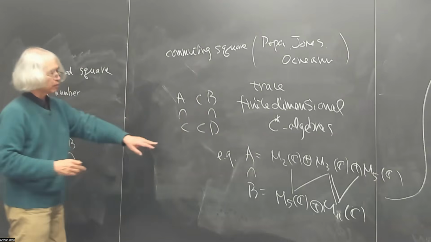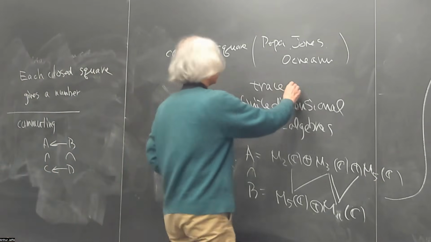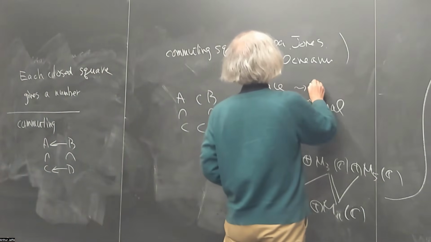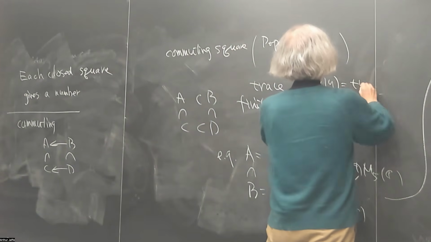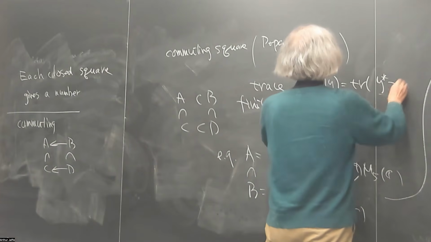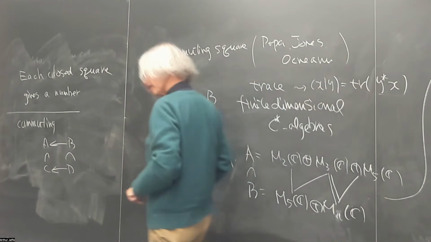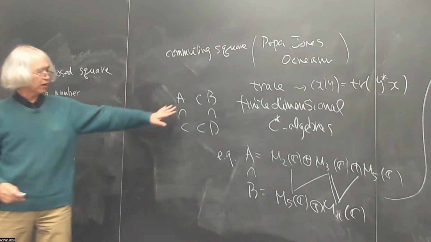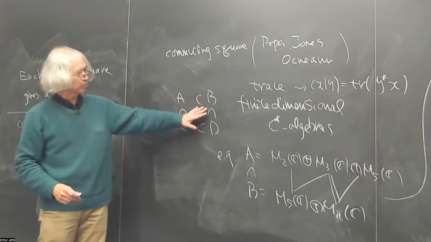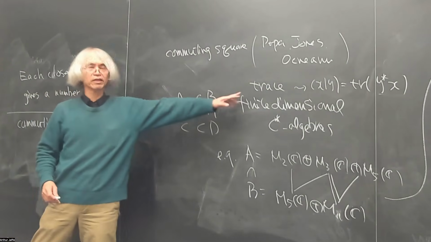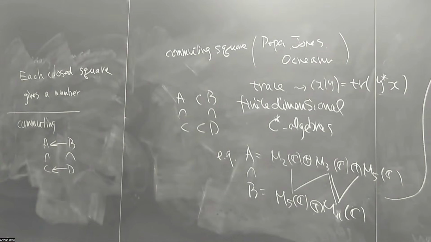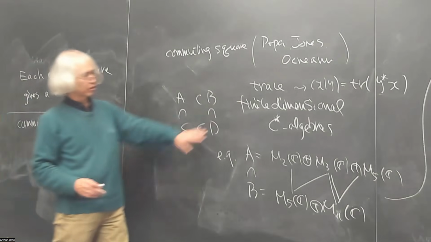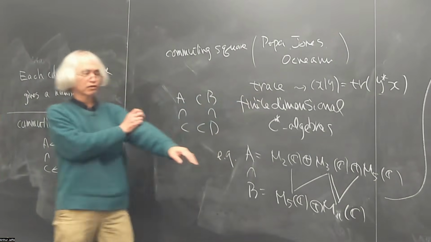Then the trace gives an L2 norm, and this gives an inner product. So each is finite dimensional, so each becomes a Hilbert space with this inner product. Everything is finite dimensional, so we don't have to make a completion. So each A, B, C, D is now a Hilbert space by this inner product.